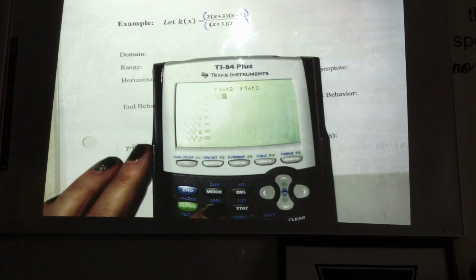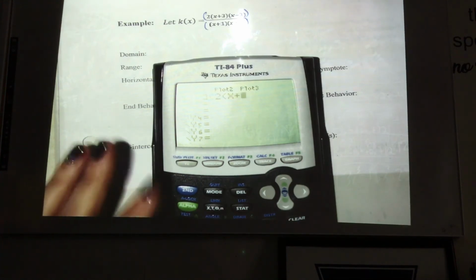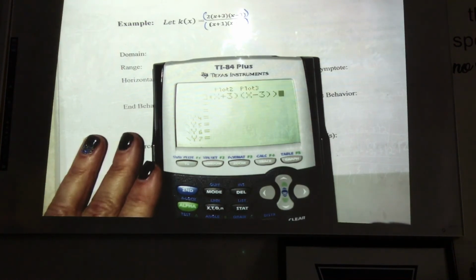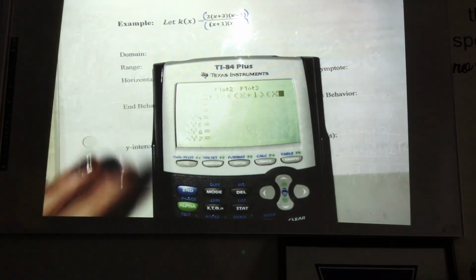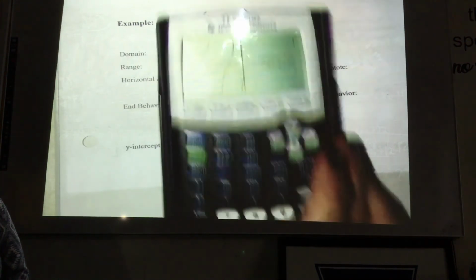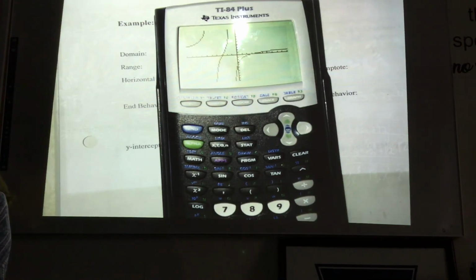So we type this in. And you should get an interesting looking graph.